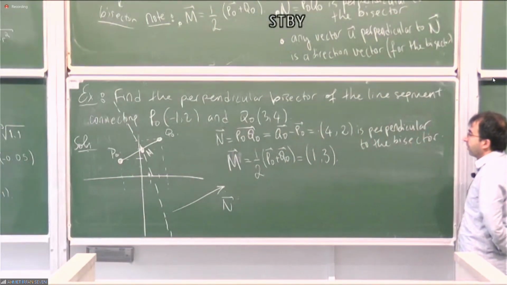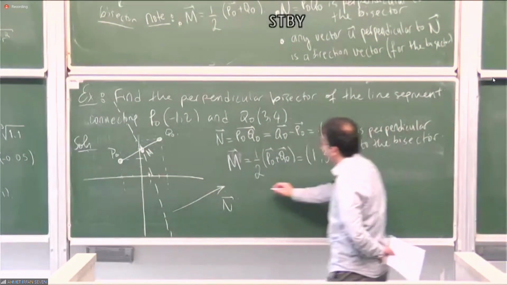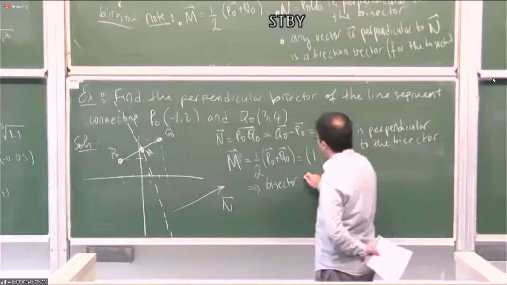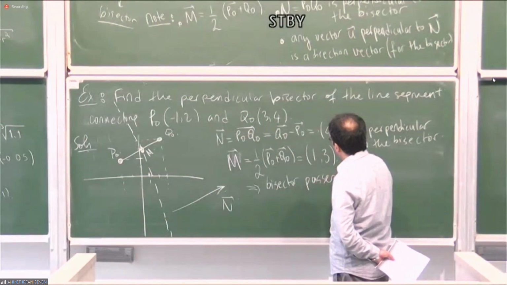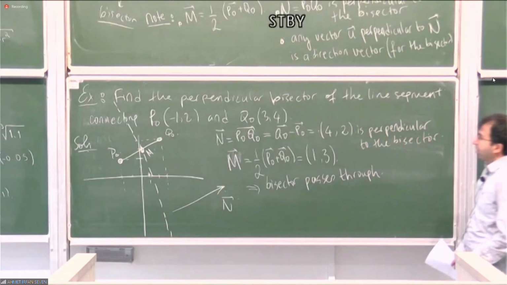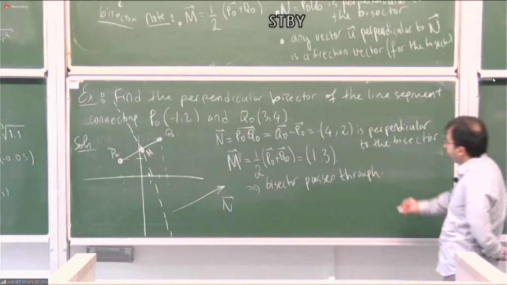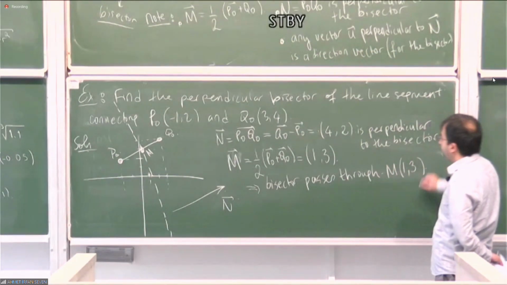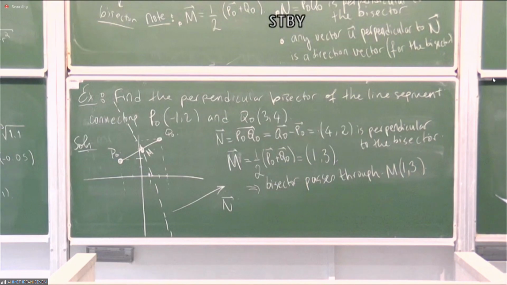All right. So this bisector passes through what point? M, which is the point with coordinates 1, 3.